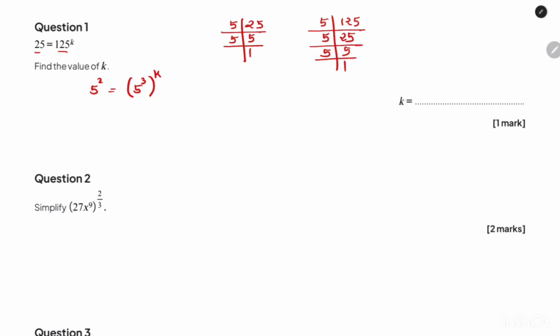So 5 raised to 3 to the power k. Now power will be multiplied, so this is 5 raised to 3k. Now left and right hand side both have the same base and single term, so just remove that base and you can directly equate the powers. So 2 is equal to 3k, so k is equal to 2 by 3. This is the answer.